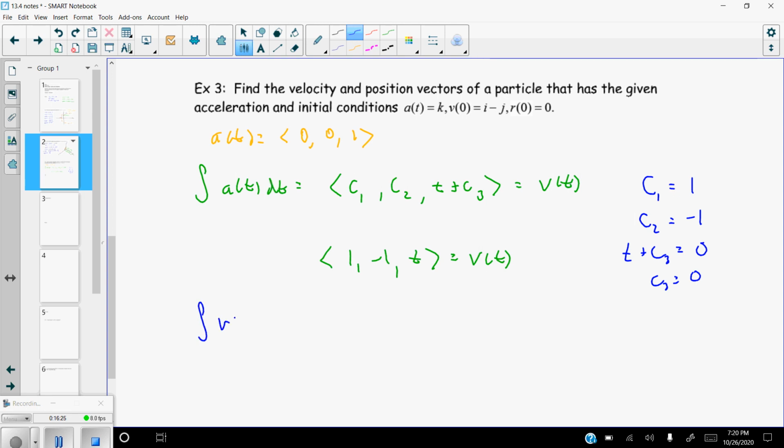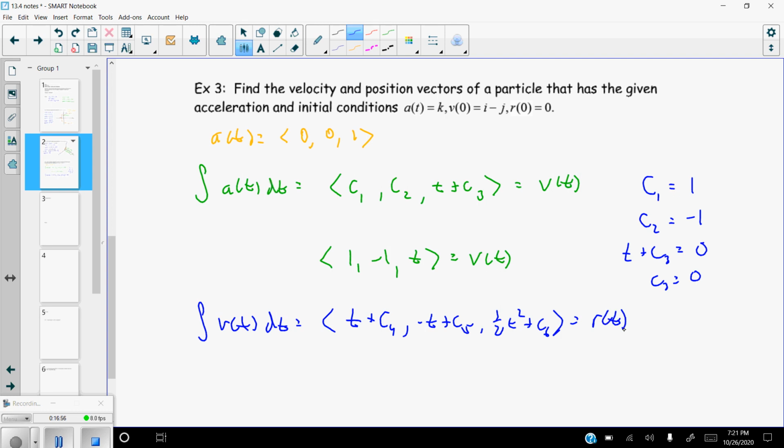We'll take the integral of the velocity, which is going to be t plus, and you can go with whatever c's you want to, I'm just going to keep on going, c4, -t plus c5, and then 1/2 t squared plus c6. That is going to be your position function.